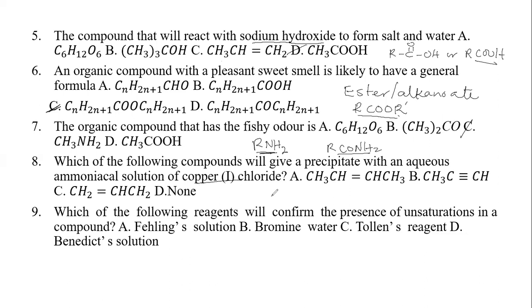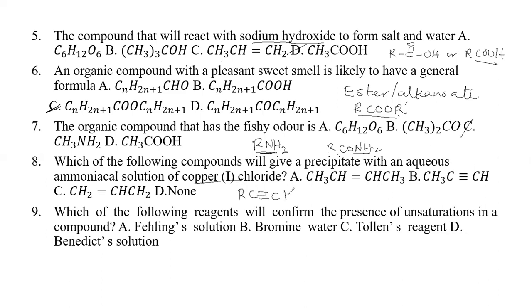Now, when you're talking about compounds that will give a precipitate with aqueous ammoniacal copper 1 chloride solution, that is going to be terminal alkynes.